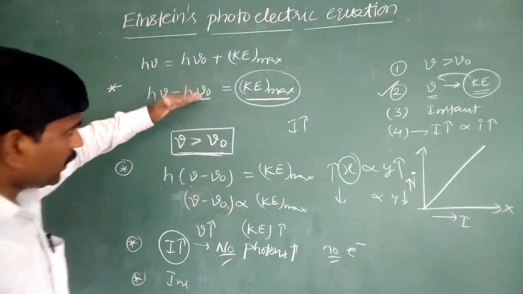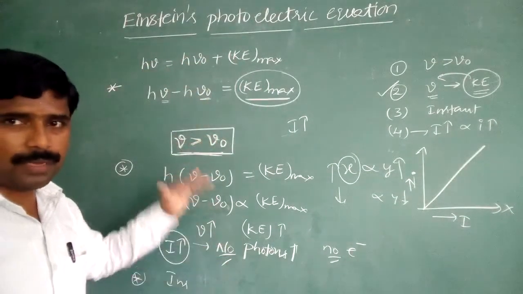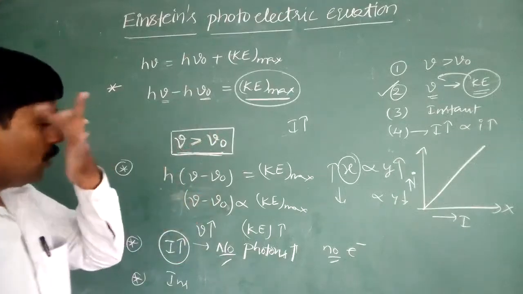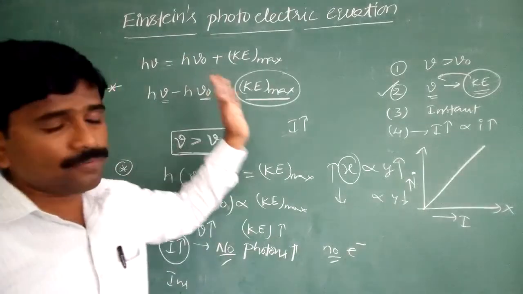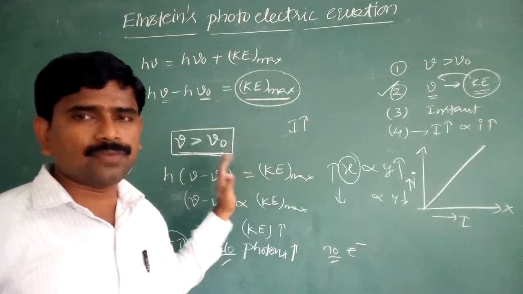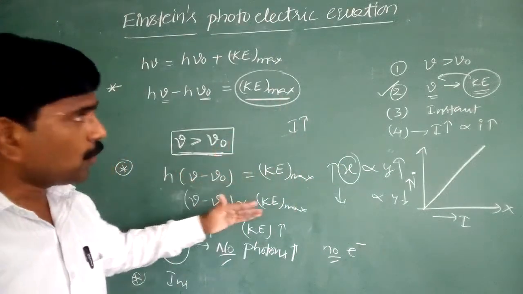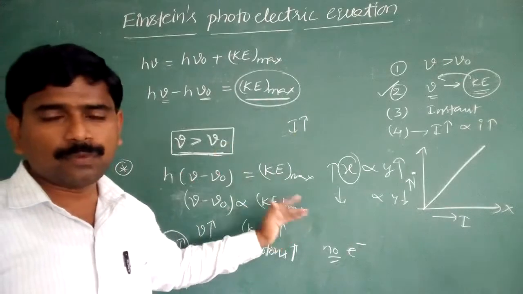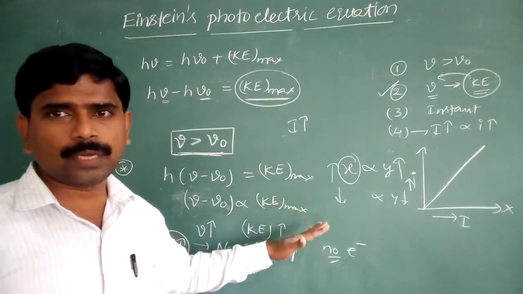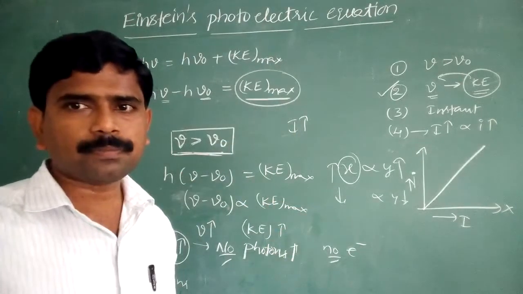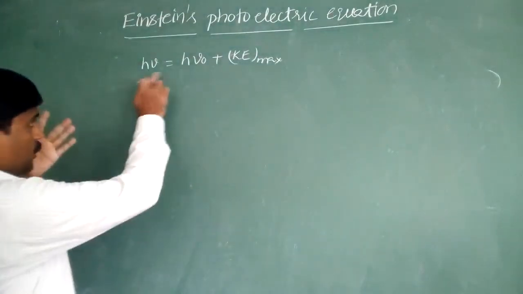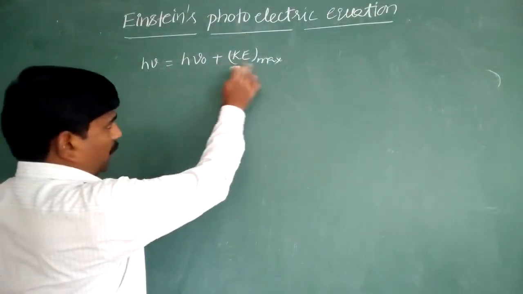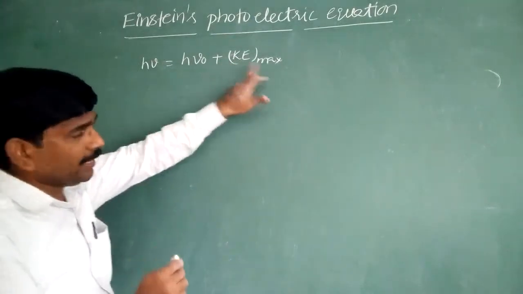Okay. So here try to observe one by one. So like this, Einstein's photoelectric equation successfully explains the photoelectric effect. Okay. So next one. Observe here. h nu is equal to h nu naught plus half m v squared, that is the maximum kinetic energy.